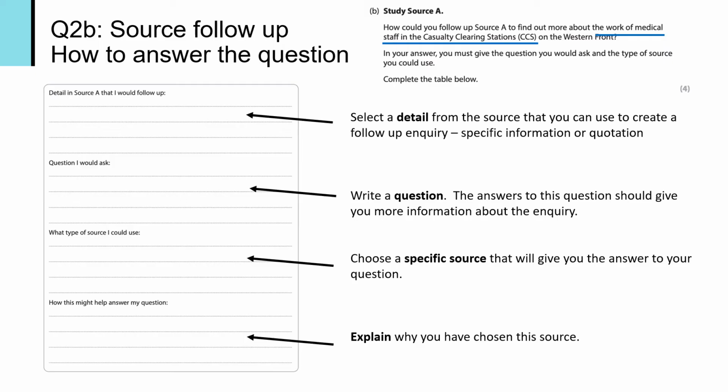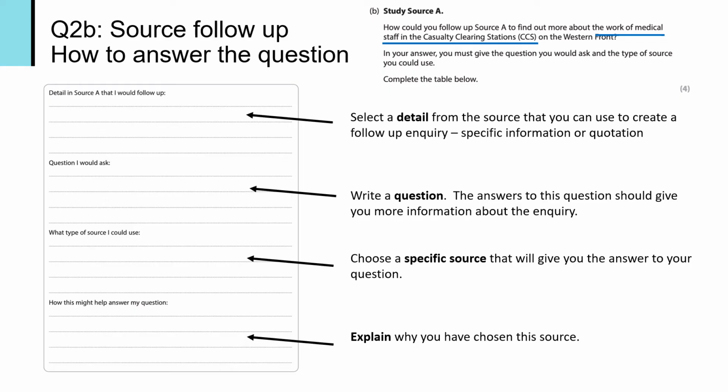You should then write a question. The answers to this question should give you more information about the inquiry. And if we're thinking here about our question from the Medicine in Britain paper, the question that we write here should give us more information about the work of medical staff in the casualty clearing stations.